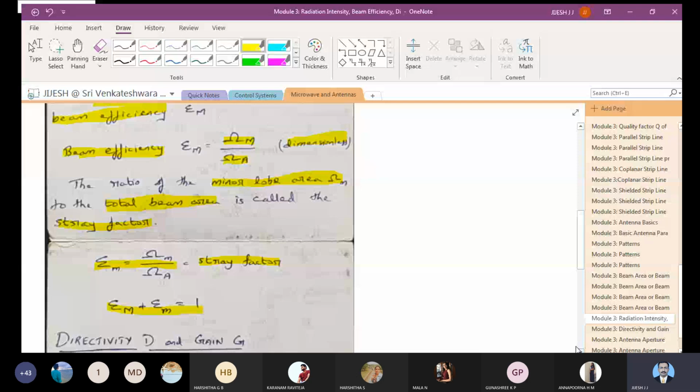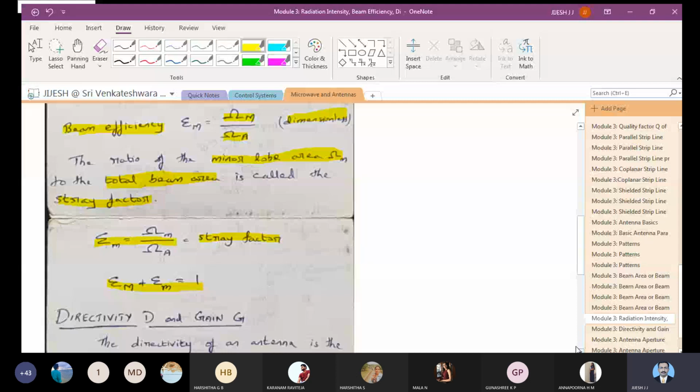Once all of you have completed that, we will move on to the next topic, directivity and gain. In the question paper, they will ask you to explain the following: beam efficiency, directivity, gain, pattern, antenna aperture, beam solid angle.